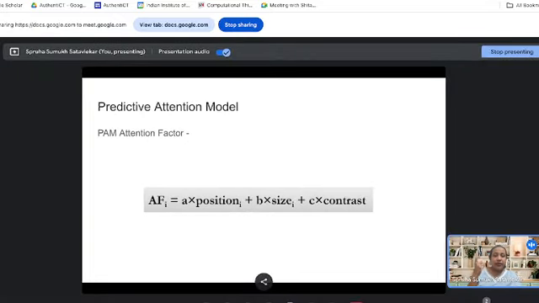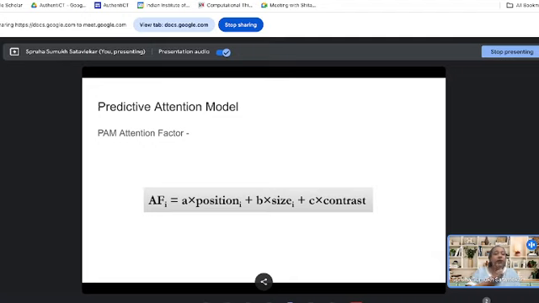In the equation for attention factor, A, B, C are not defined here. Every time the model is generated, A, B, C can be identified. So how is this prediction done?